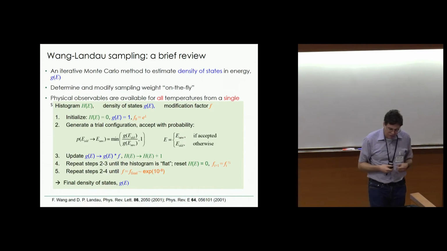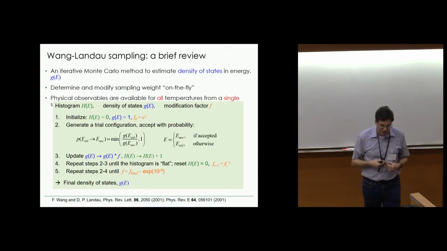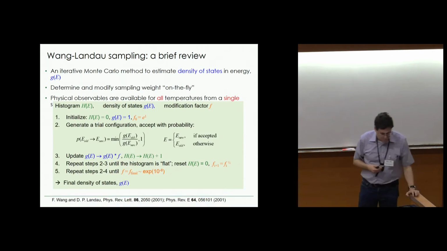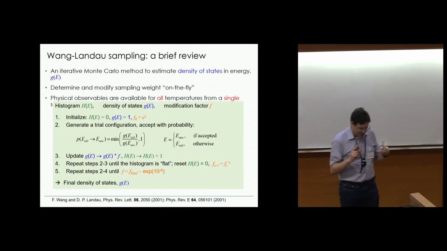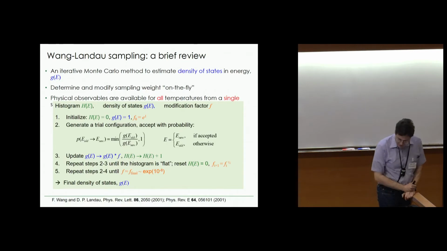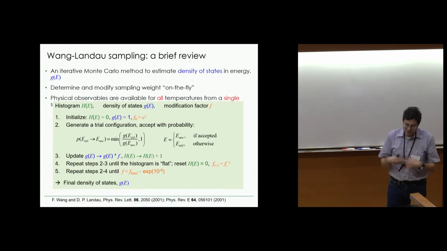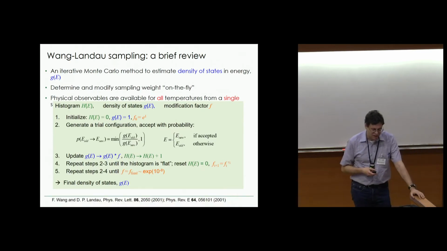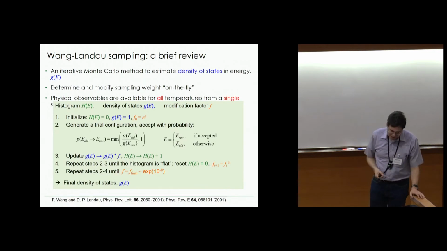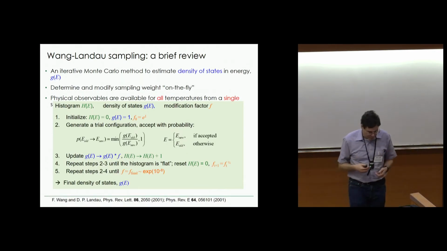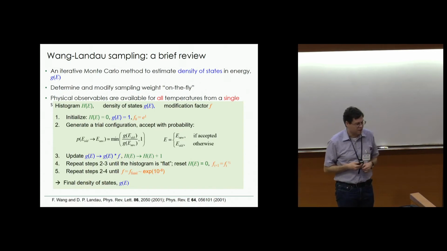We propose a move, and we accept or reject the move based on the ratio of this G of E at the energies of these two points, and then we update the density of states by multiplying it by this update factor and record which energy we've visited.